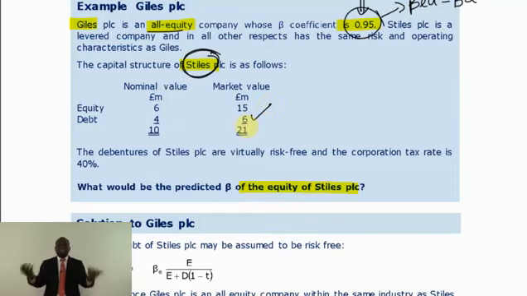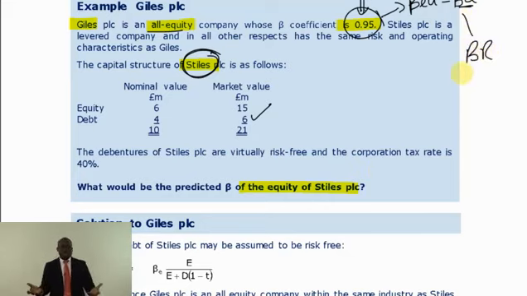And companies in the same industry, Miller and Modigliani is assuming all of them have the same business risk. So if this all equity company is having its asset beta of this, that asset beta is measuring only business risk. And as long as we are in the same industry, we are similar in all characteristics, Styles will also face the same business risk.